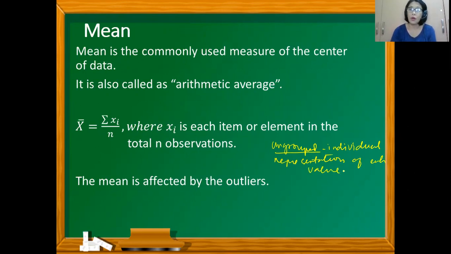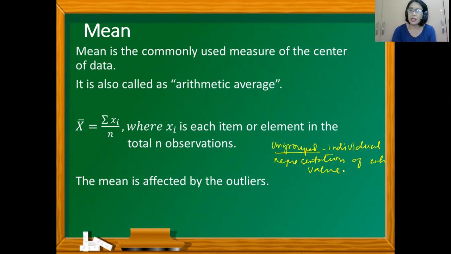If, for example, we consider your grades in the last school year, say you have 13 subjects and you want to calculate the mean of your grades. You work on calculating the mean and come up with one single value. That is the ungrouped mean, meaning you represent each observation individually.